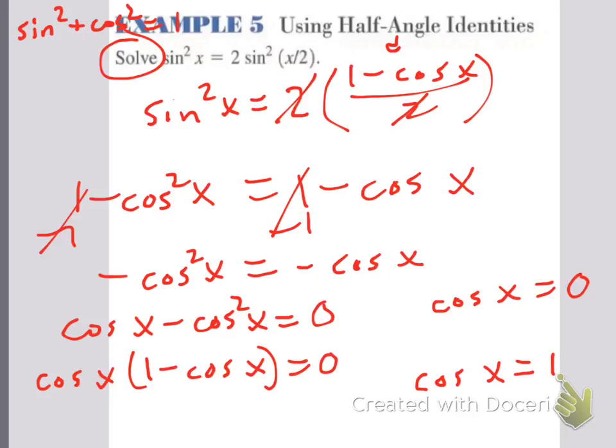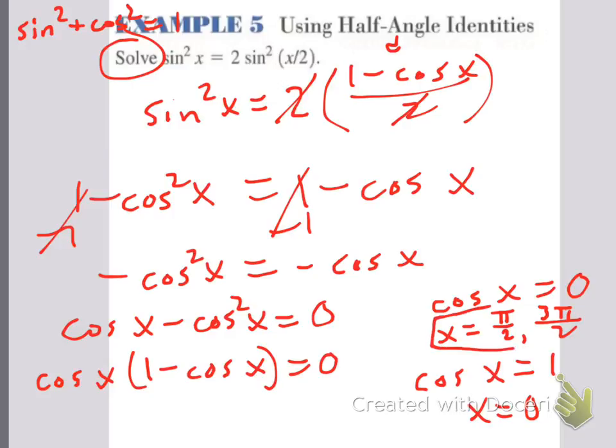Cosine x is 0 at pi over 2, 3 pi over 2. We already know that. Now, where's the cosine of x positive 1? Well, it's 0 degrees, or 0.